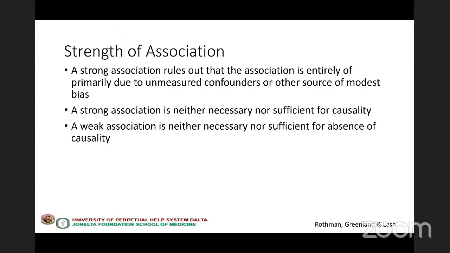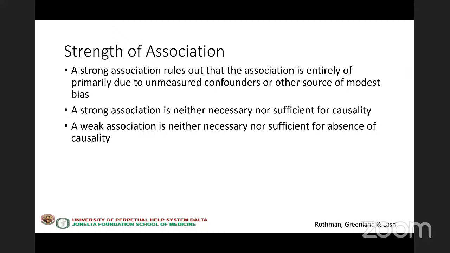For example, your lung cancer. What is it strongly associated with? Anyone? Smoking. So smoking has been very much linked to lung cancer.